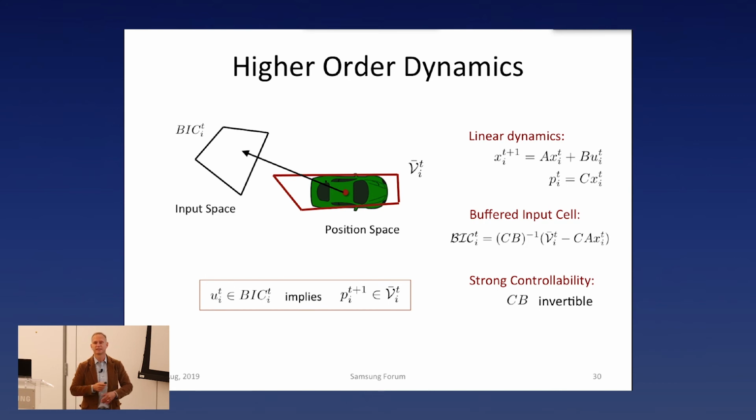It's not true for any dynamical system. It's true for a particular class, which we call strongly controllable. It turns out that the standard vehicle model, which is a second-order bicycle model with non-holonomic constraints, does have this property, which is really the heavy hitter, right? Maybe we can't control any arbitrary dynamical system, but the one we really care about is cars. And that one we can control in this way to avoid collisions.